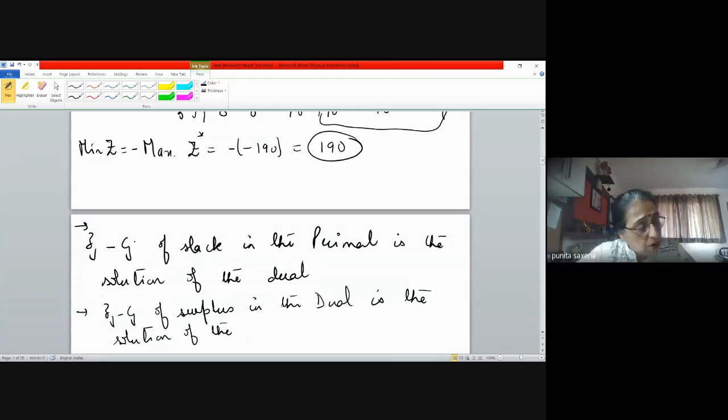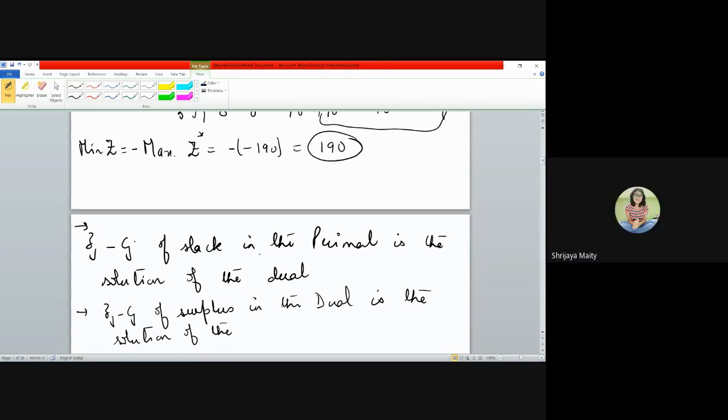So obviously x4 corresponds to y1, because the first slack variable is added in the first constraint of the primal, and the first constraint of the primal is giving you the first dual variable.